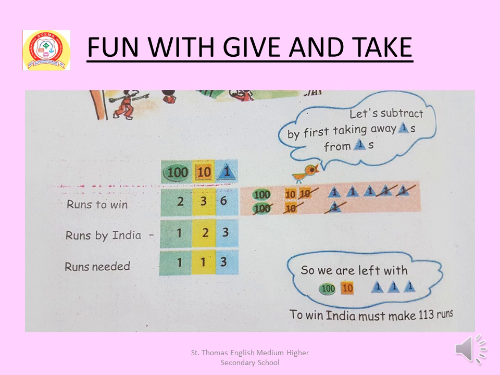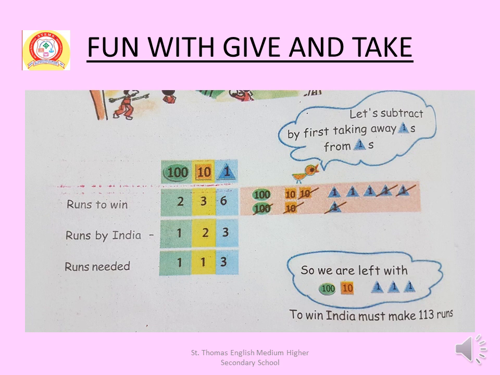Now, you strike off 3 tokens from 6 tokens. How many are left? 3 tokens. So, 6 minus 3 equals 3. We write 3 in first column.